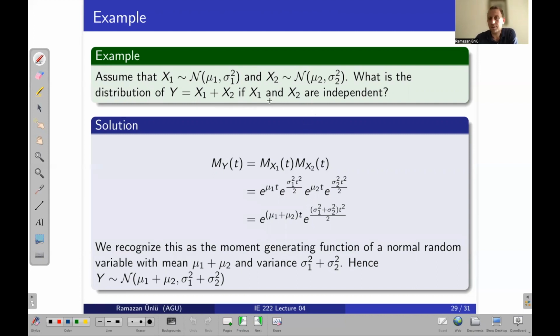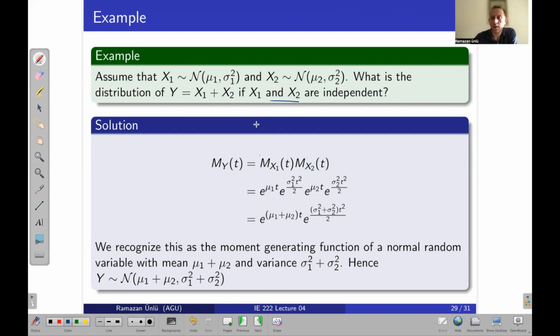We know that if they are independent, the moment generating function of Y, which is the sum of individual random variables, is equal to the product of the moment generating functions of those individual random variables. So the moment generating function of Y will be equal to the moment generating function of X1 times the moment generating function of X2.